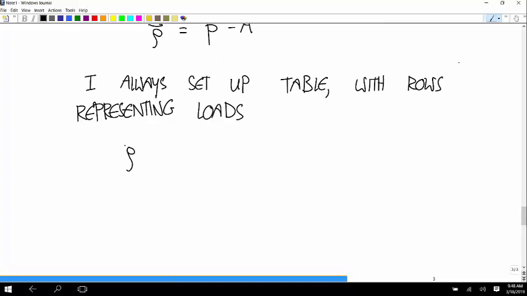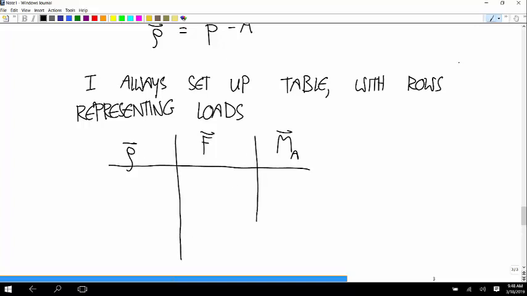So like rho, force, moment. And then it's really nice if you make a mistake and you can go back and you have all your old data sitting there, you know exactly where it is. It's easy to calculate the moment. You never get the order wrong or anything.